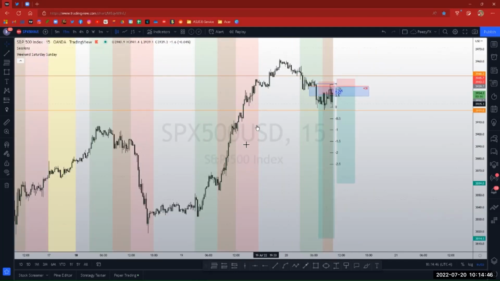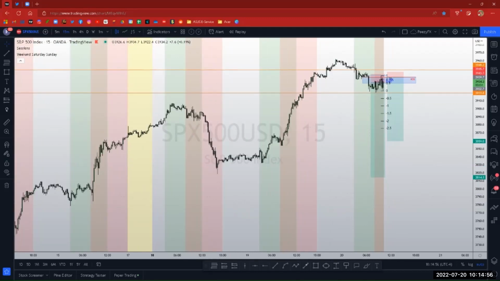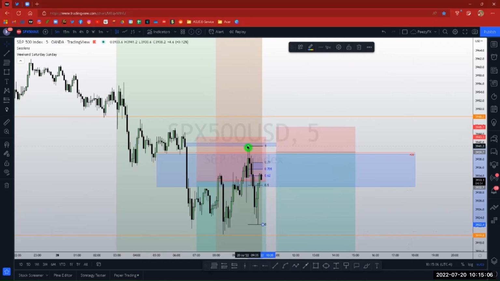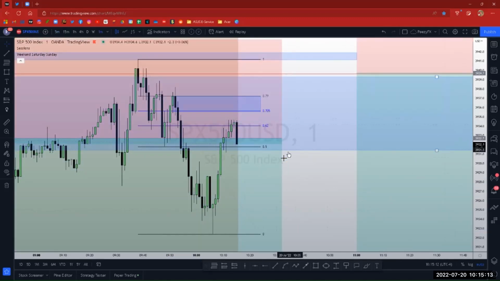That was a good expansion right there that happened yesterday. I wasn't a part of it. I partook in this down move right here. All right, y'all. Looks like price is respecting that 62% retracement level.